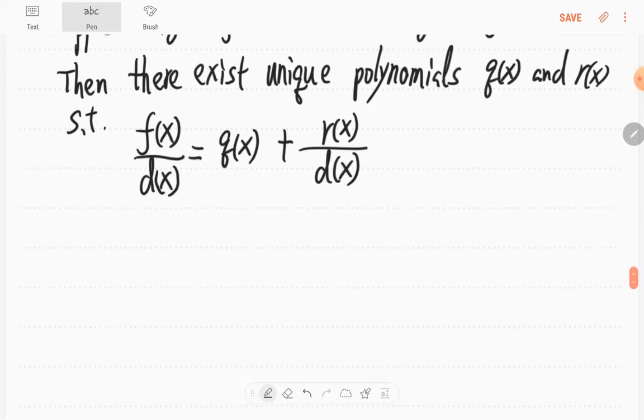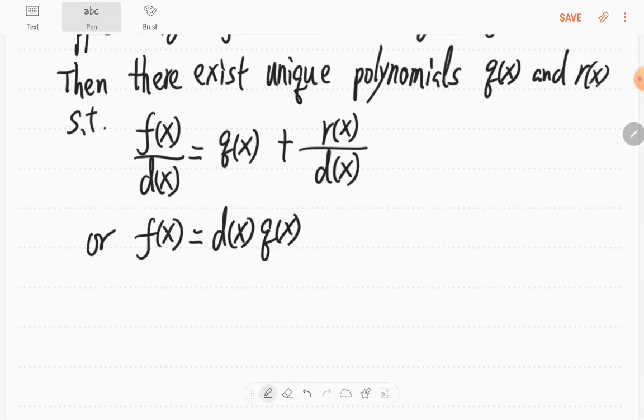Or you can write it as f of x equals d of x times Q of x plus R of x. R of x here means the remainder, right? D of x is the divisor, and f of x is the dividend.